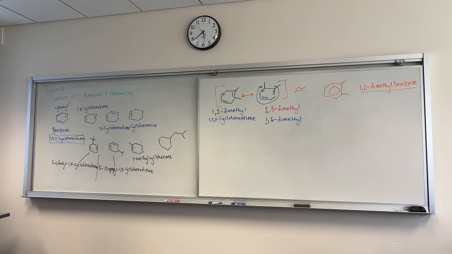In section 16, we're going to start looking at reactions that utilize the aromatic pi electrons as nucleophiles, or break the aromatic pi electrons as an electrophile. You cannot show that attacking or breaking of the pi bonds from the circle.